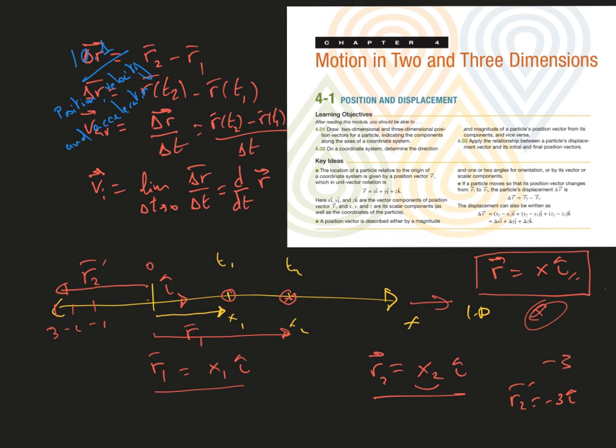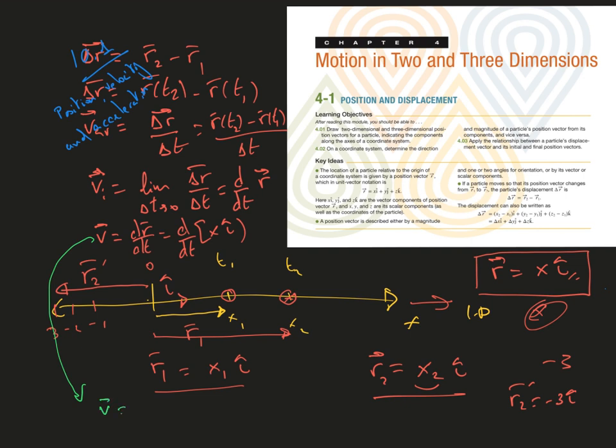So we define the instantaneous velocity as v equals the derivative of r with respect to t, that is, the derivative with respect to t of x times I.